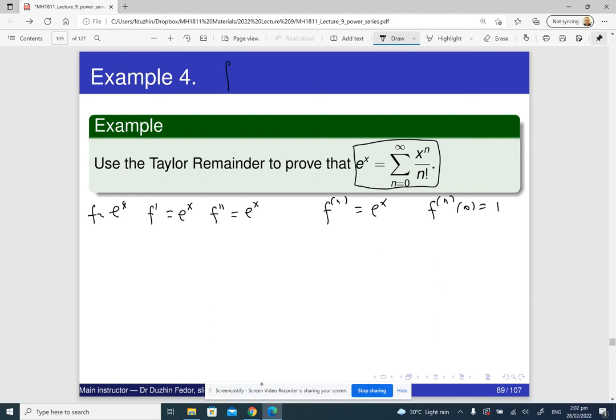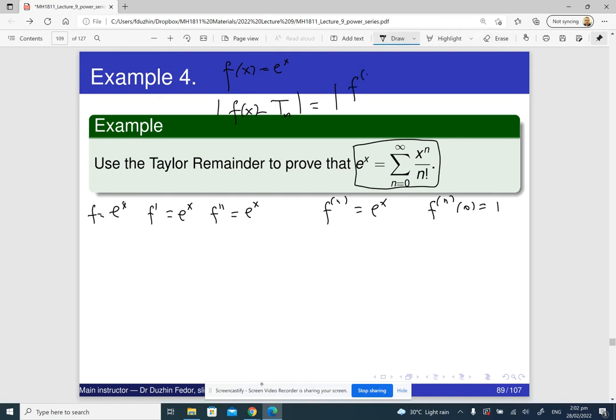So if my f of x is e to the x, then the absolute value of f of x minus Tn is going to be the absolute value of the n plus first derivative. So let me write it.